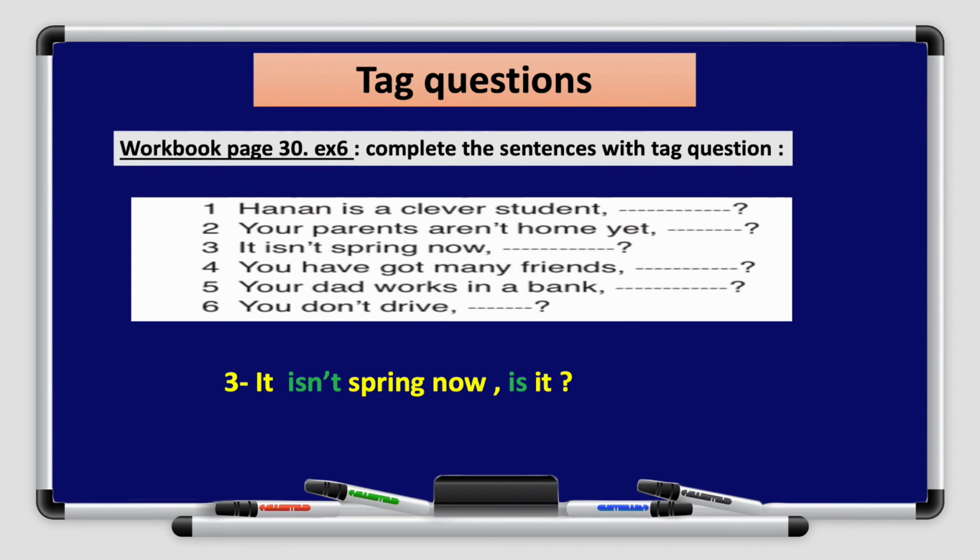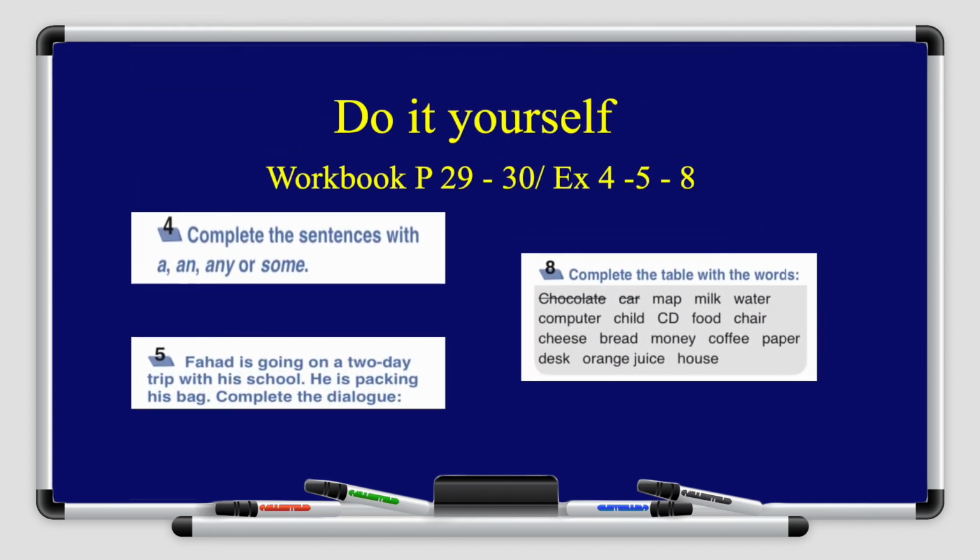Is it? 4. You have got many friends. Excellent. Haven't you? 5. Your dad works in a bank. Good job, doesn't he? And the last one, you don't drive. What do you think here? Good job, do you?